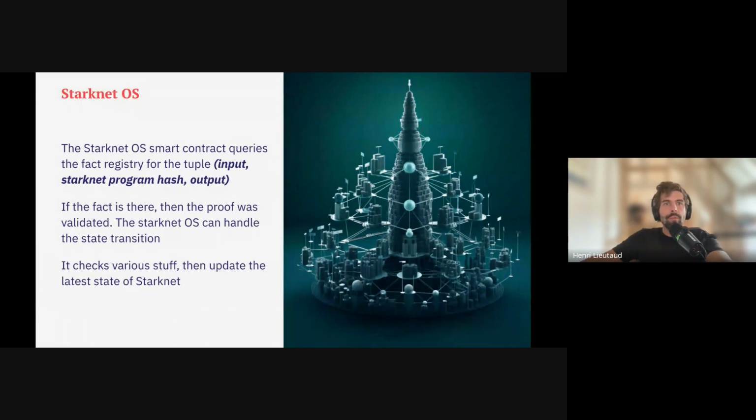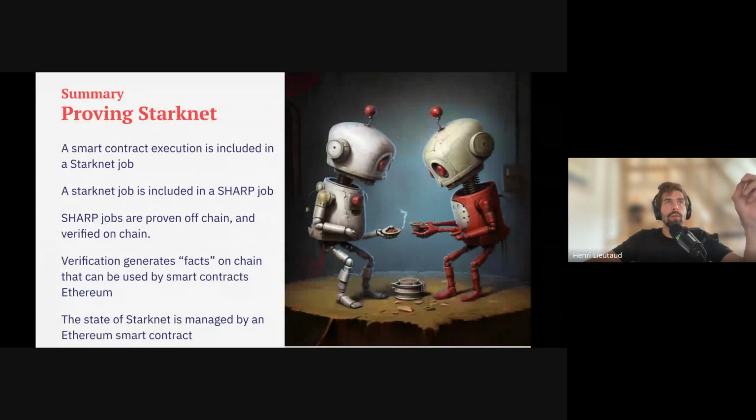All right. So at this point, we have proven the state transition, and the StarknetOS is aware that we moved from one state to the other, right? Let's sum up what we talked about in terms of proving. Smart contract execution is part of a Starknet block. A Starknet block is a Starknet job.